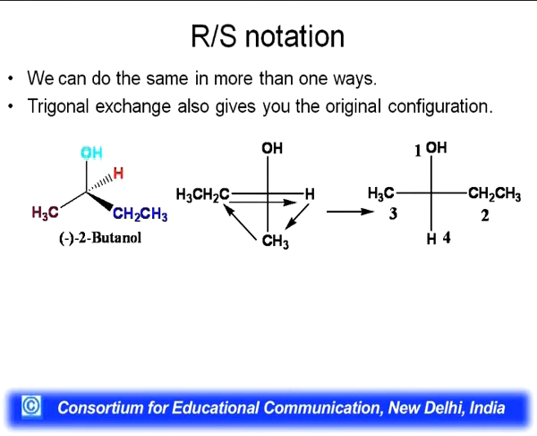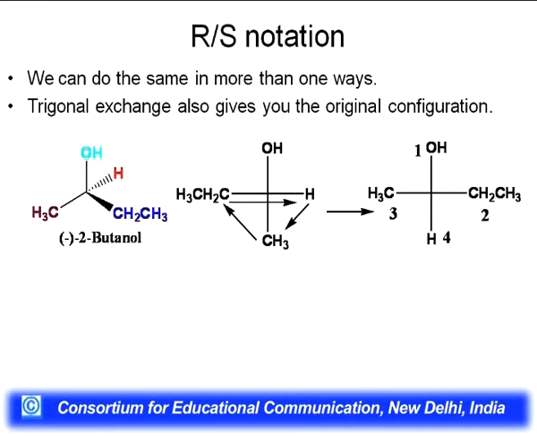These are 2 Walden inversions. Number 1, I do methyl and ethyl, methyl comes here, ethyl comes here, and then I do the ethyl and the hydrogen which was placed here. So this amounts to 2 Walden inversions using a trigonal exchange.